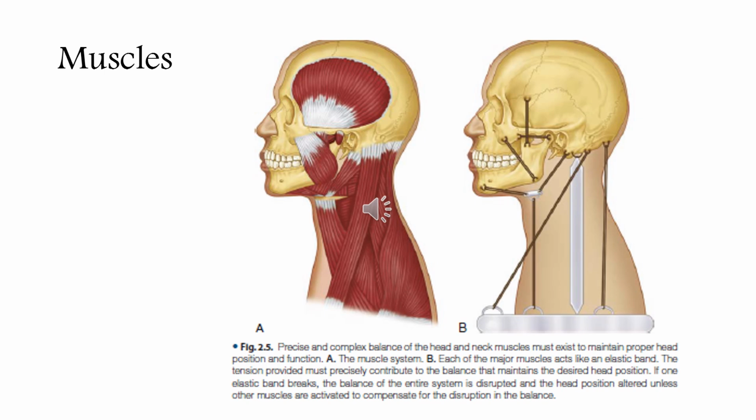Okay, it's a little bit forward. So if we don't have muscles to hold and stabilize the head in its position, the head or the skull will lean forward. So muscles are very important to hold the skull in its balanced position.